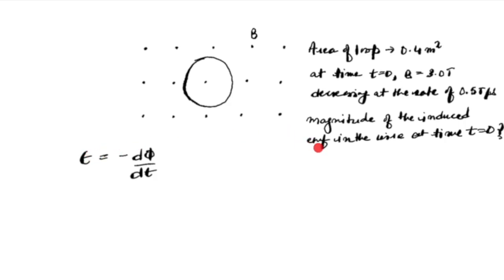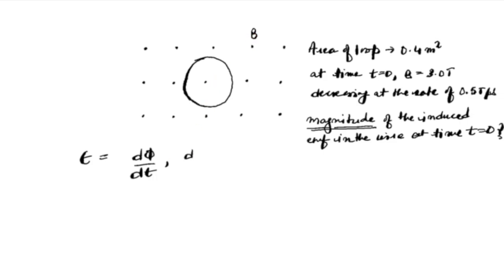Now, because the magnitude is asked, we can ignore this sign because this sign only tells about the direction of the induced EMF. So I will just erase it. It does not matter. Now, what about flux? We don't know the flux. We know B and A.